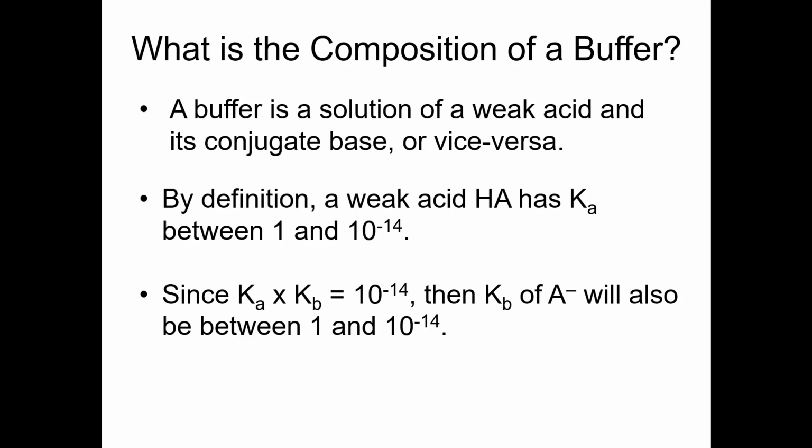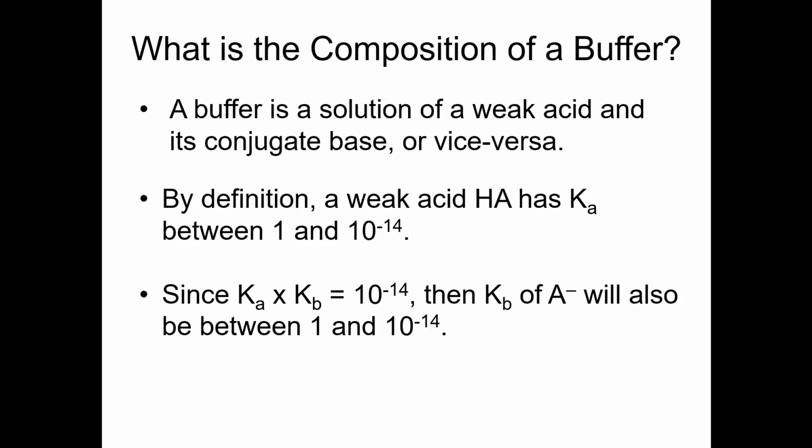That's why, when we were binning acids and bases back in chapter 16 by negligible versus weak versus strong, we said that the conjugate base of a weak acid is a weak base. Because if your Ka is between 1 and 10 to the minus 14th, then the Kb of your conjugate partner is also between 1 and 10 to the minus 14th, and that makes it weak as well.